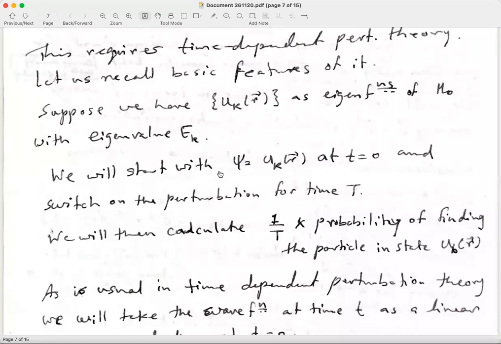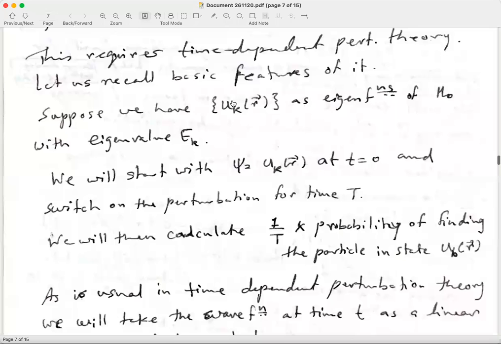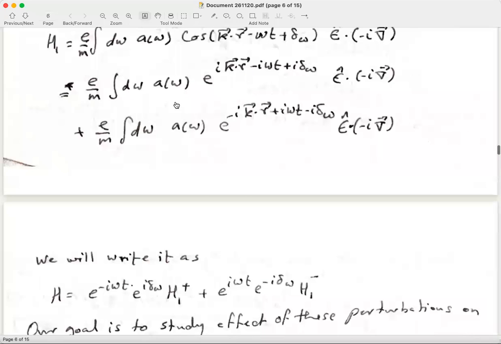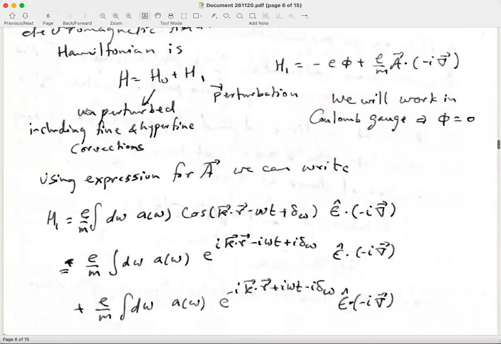So suppose we have the eigenfunctions u_k of r, which are the eigenfunctions of the unperturbed Hamiltonian H naught that we have written down here, which is of course more complicated stuff, but we don't really care.